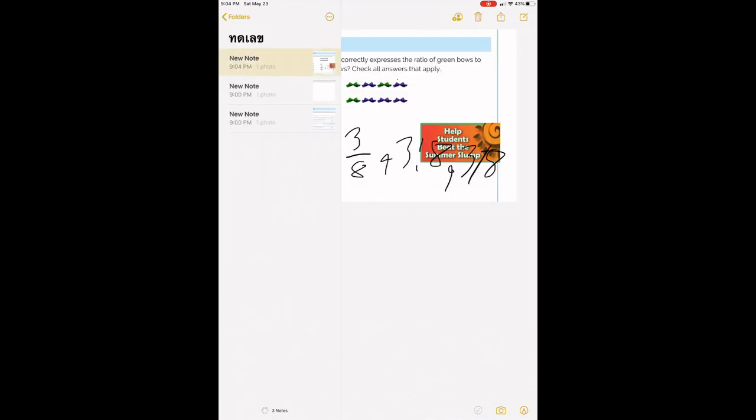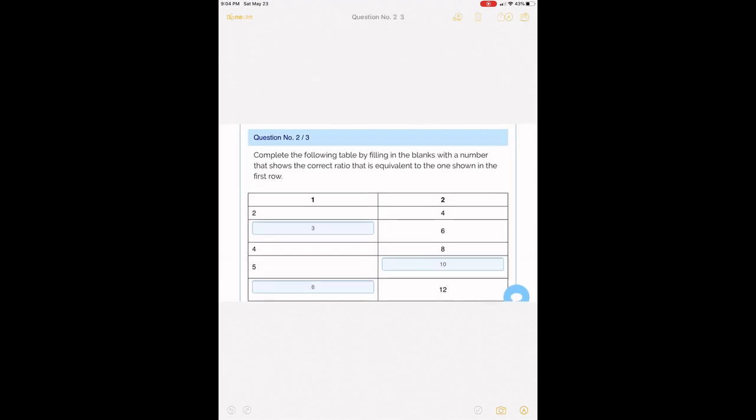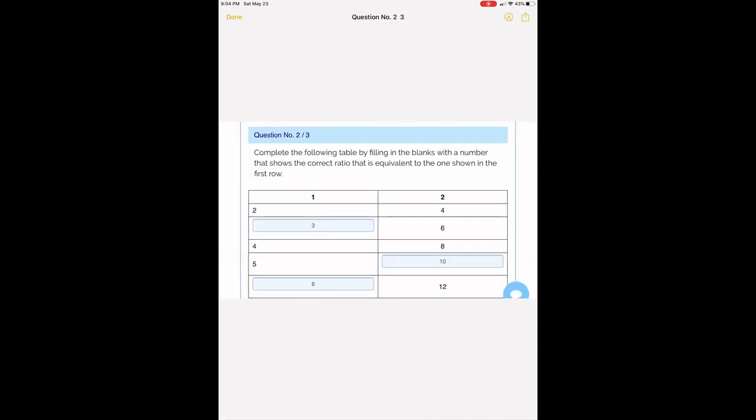So the other question is: complete the following table by filling in the blanks with a number that shows the correct ratio that is equivalent to the one shown in the first row. Okay guys, this is pretty easy, right?